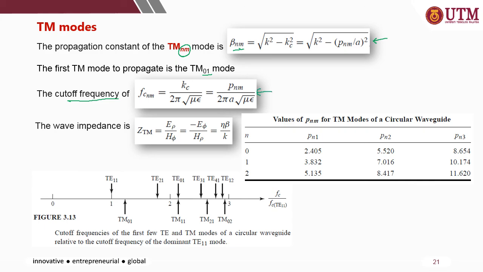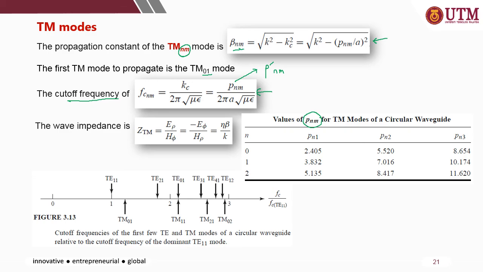If you compare the TE modes and TM modes, for TE modes there will be rho prime nm, but for TM modes it is just rho nm without the prime. So make sure you refer to the correct table when you want to analyze the modes, whether TE or TM.